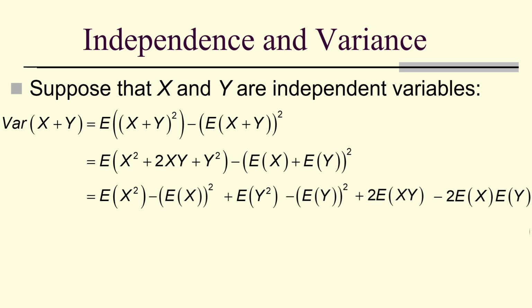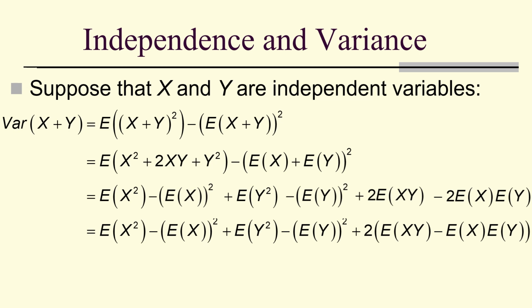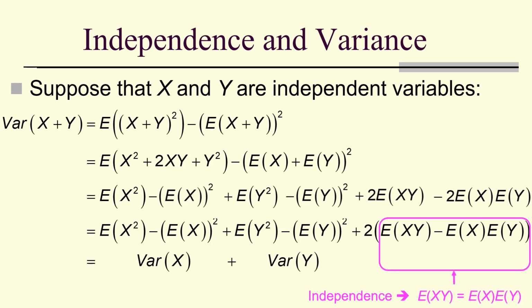Notice when we reorganize that we're going to end up with some cancellation, because we have the variance of X, then the variance of Y, but notice that E of XY is equal to E of X, E of Y. So this is the variance of X plus the variance of Y. By independence, that last term is 0.